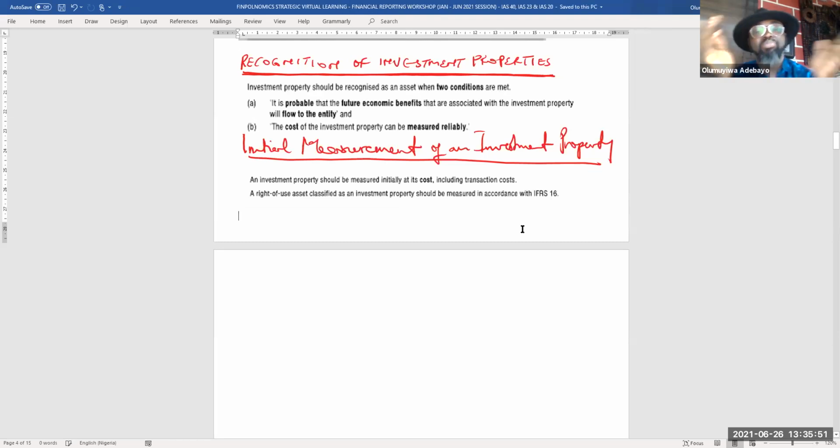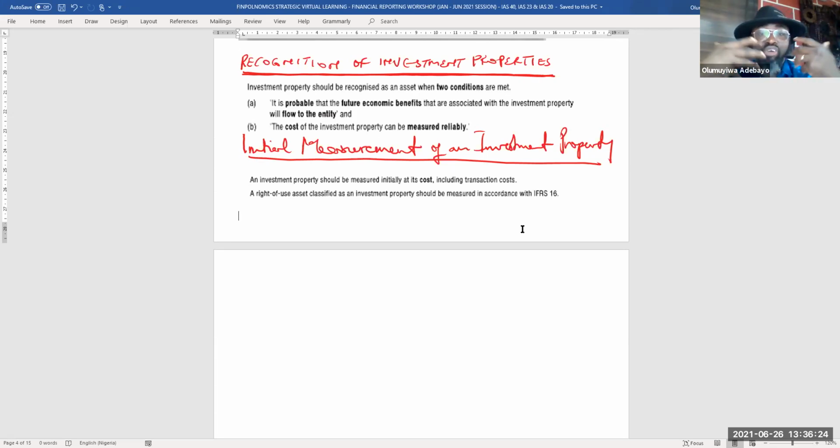Okay, that means, simply put, you are right. But to simplify it, you defer to the requirement of IFRS 16, which is the requirement you just disclosed, that you recognize it as the cash price you have paid at the point of commencement plus the present value of future lease payments you have to make, and other incidental costs associated with it in compliance with the requirement of IFRS 16.